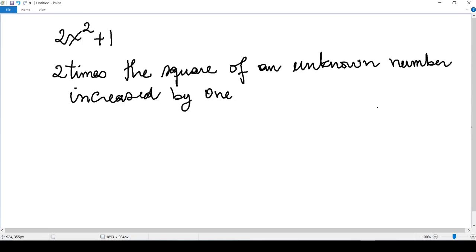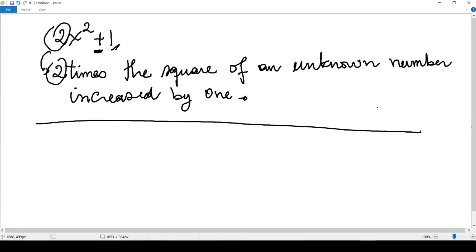Okay, let's see this. 2, 2. The multiplication is times. The square is right there of an unknown number. x is my unknown number. Increased is my plus sign by 1. Is this one.